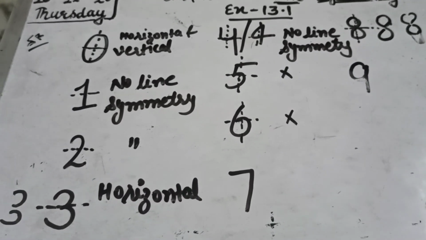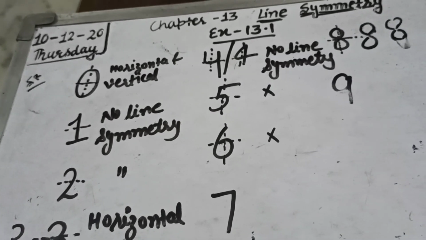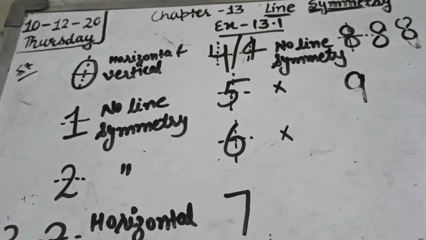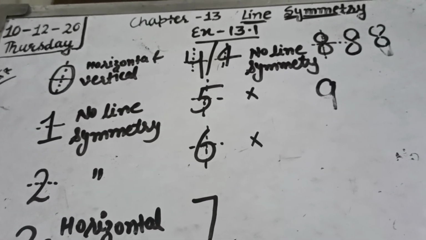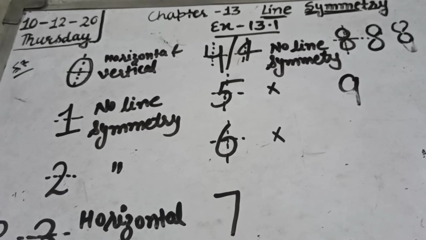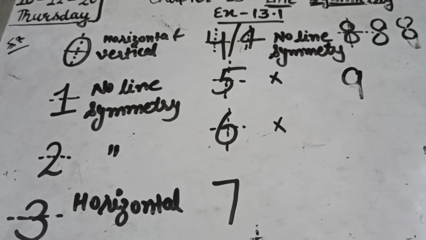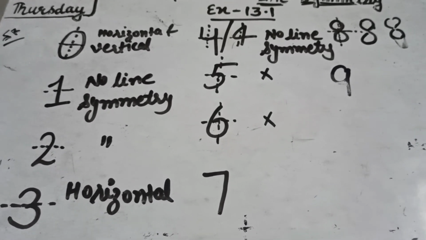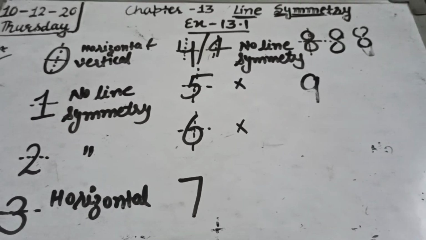Clear students? So this is our first exercise of chapter 13, which is about line symmetry, right? In this exercise, you studied how to write horizontal and vertical line of symmetry, how to find which object has horizontal line of symmetry and which object has vertical line of symmetry, right?